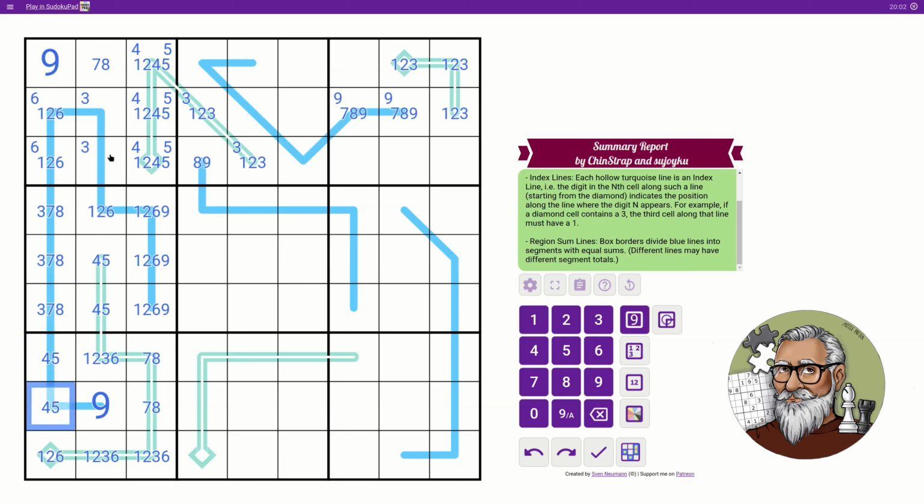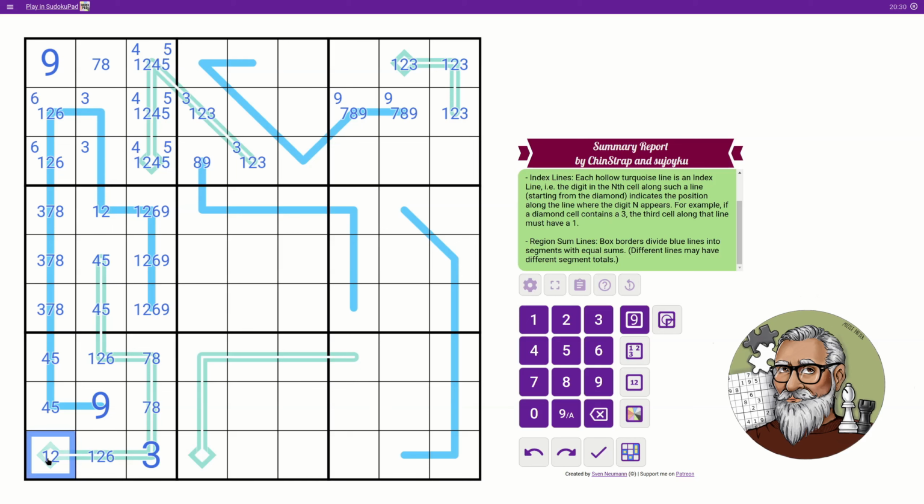Okay, well, but that means that this isn't a 6, and it means even better, these aren't 3, which gives me a 3 here. Does that help? Well, this isn't 6 either, but that doesn't help. Well, the 3 as well doesn't help on this index line because it's indexing itself, so it doesn't give me something else.